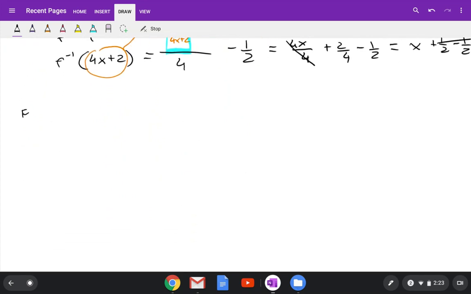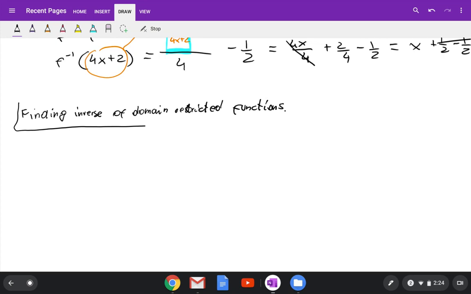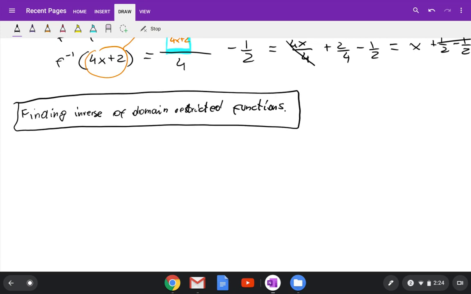Here they're going to ask you about finding the inverse of domain restricted functions. So to be able to find the inverse, your function has to be 1-to-1. Like y equals x squared, let's say it's a quadratic function, right? Which is not 1-to-1.